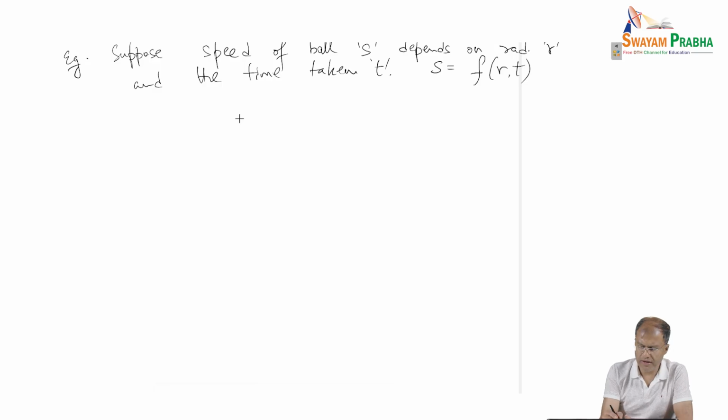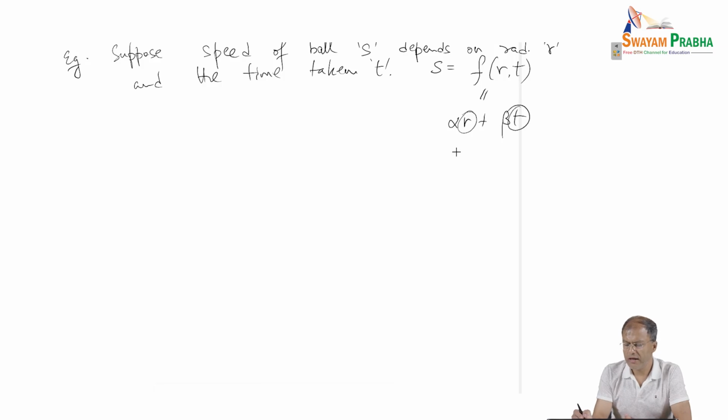So suppose we had taken this function to be alpha r plus beta t, that is, we had taken the speed to be some linear combination, which is addition and subtraction, of the two variables r and t. Then we expect that alpha times r should also have a dimension of speed s, and beta times t also has a dimension of speed s. Now we have further assumed that alpha and beta are constants, which means they are dimensionless.